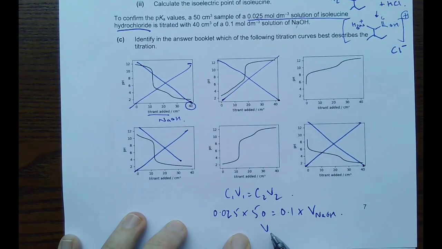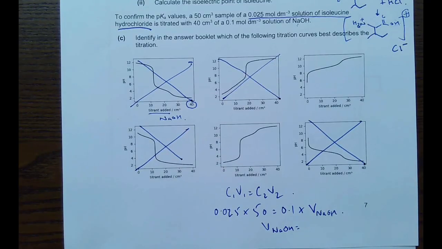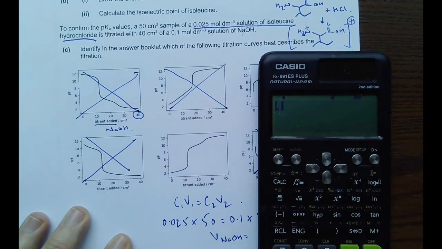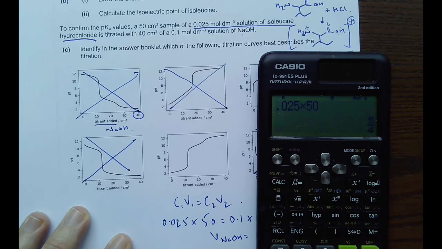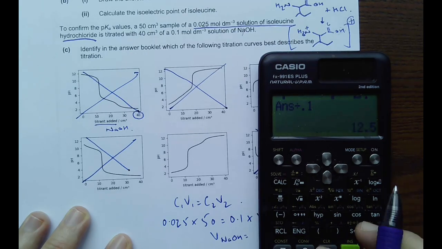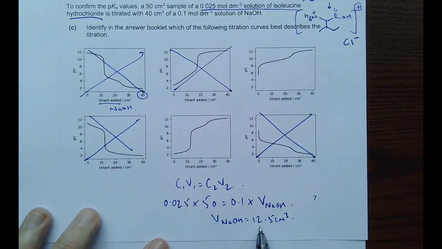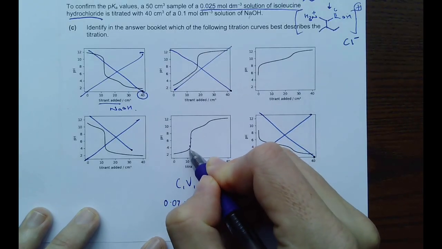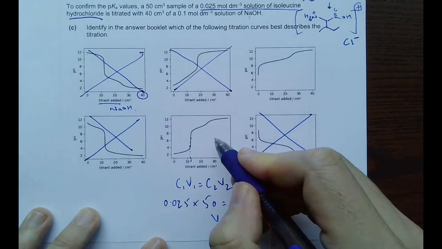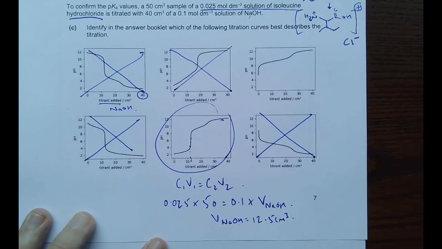If I work that out, 0.025 times 50 divided by 0.1 is 12.5 centimeters cubed. So in other words, to reach my first equivalence point, I need 12.5 centimeters cubed of my sodium hydroxide. And you can see that's about where it comes out. So that's the one that I want.